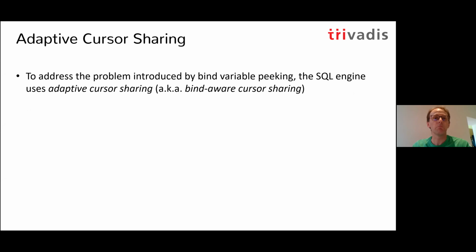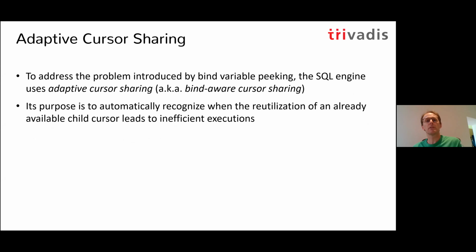The idea is basically to automatically recognize when a child cursor is reused, and this reutilization is not beneficial from a performance point of view. And when this situation is recognized, simply to create a new child cursor for it. That's the idea behind adaptive cursor sharing.